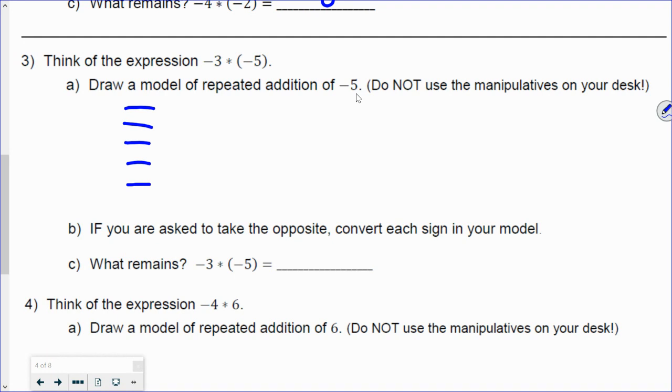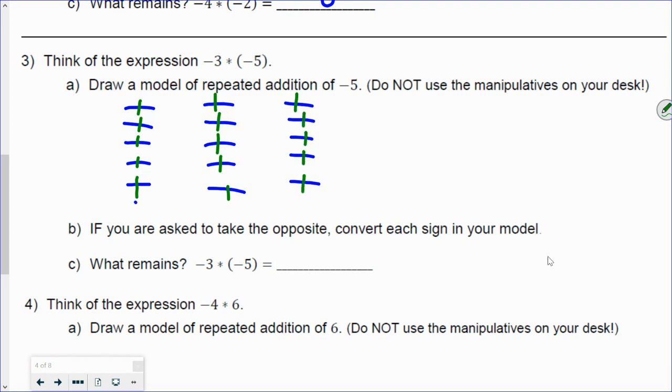That's like skip counting by 5. 1, 2, 3, 4, 5. There's my 10. 1, 2, 3, 4, 5. So I have 5, 10, 15. We have a negative 15 right there. But because it's a negative 3, that means we have to take the opposite and convert each one into our model. So each of the negatives are now actually a positive.